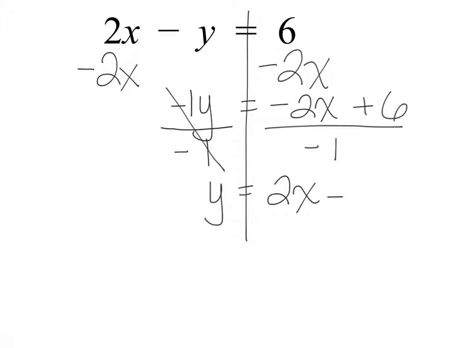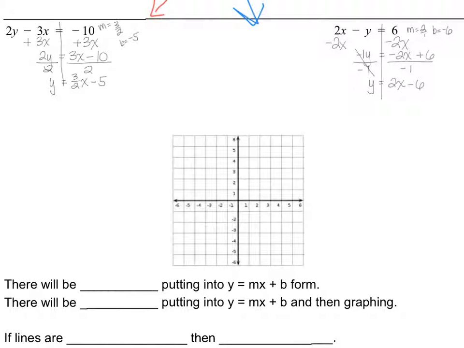It makes it -6. So that is our equation. Y equals 2x minus 6. We're looking for our m, which is 2/1, and our b, which is -6. We're going to go ahead and graph them.